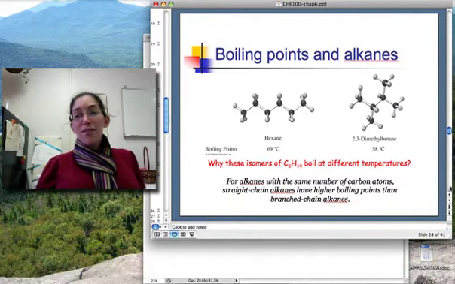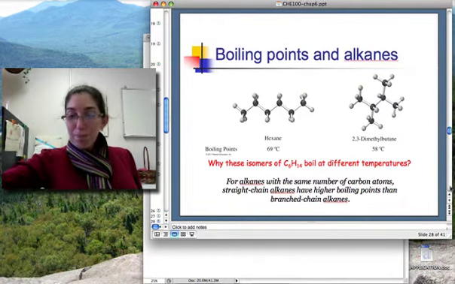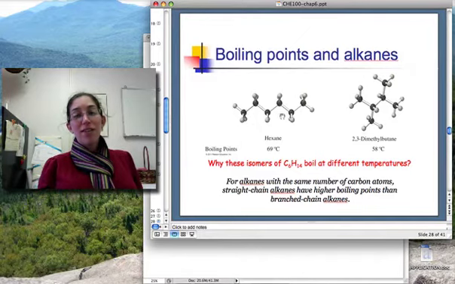So here's another question, another application of boiling point and alkanes. Here are two molecules that have the same molecular formula. They're two isomers of hexane, okay? C6H14. This is C6H14. And this is also C6H14.